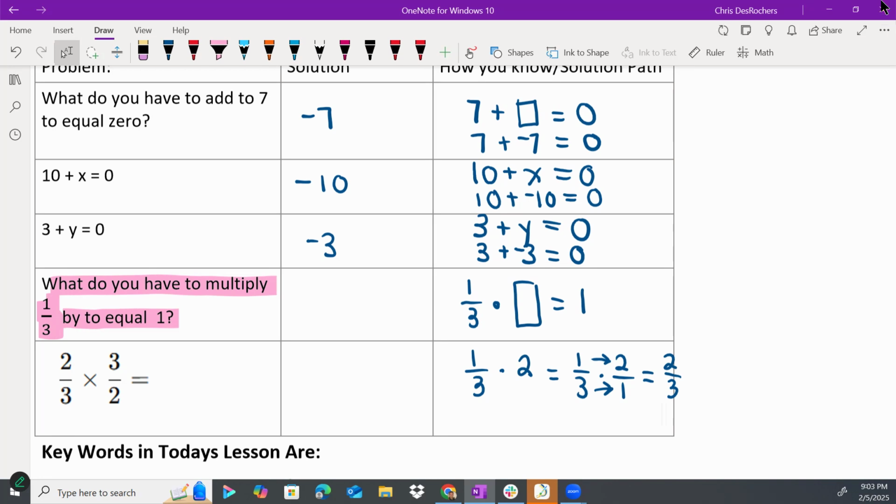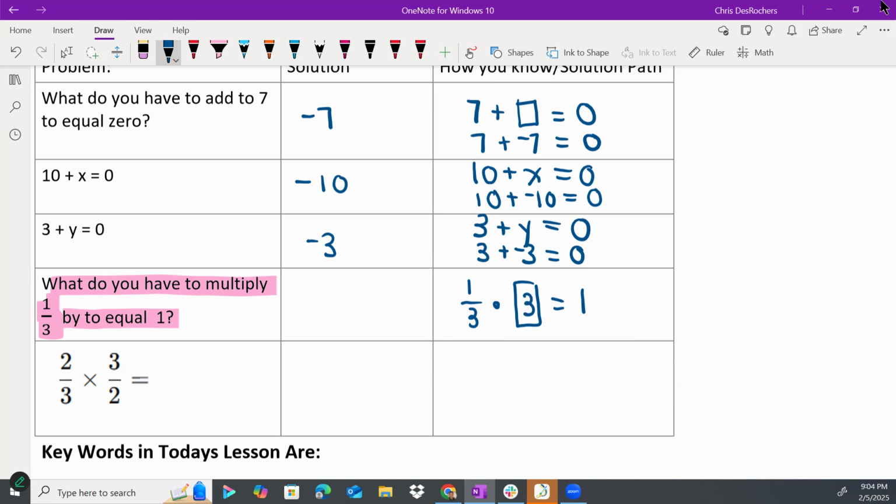And 2/3 is not equal to 1. So we would have to multiply 1/3 by a number greater than 2 for our answer to be greater than 2/3 and equal to 1. So let's consider what we might do. What if it were 3?